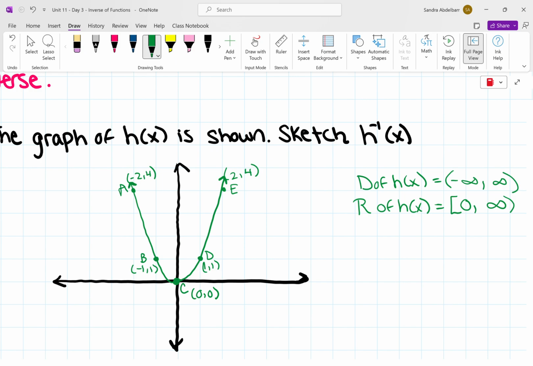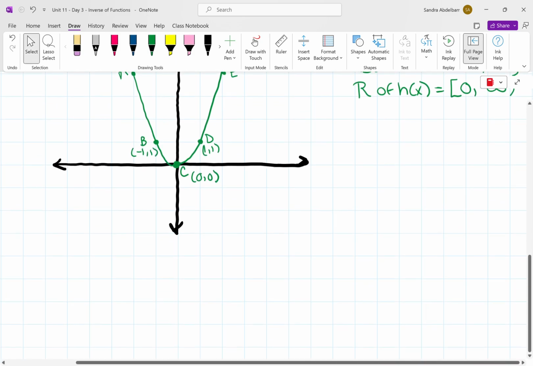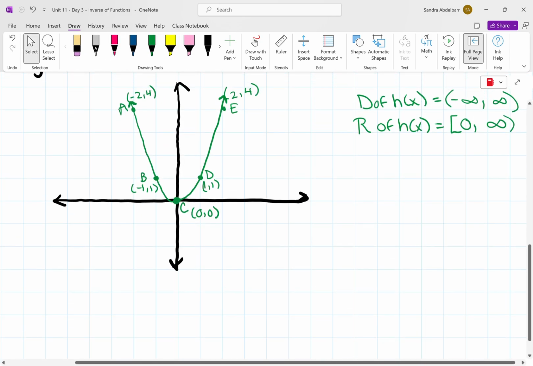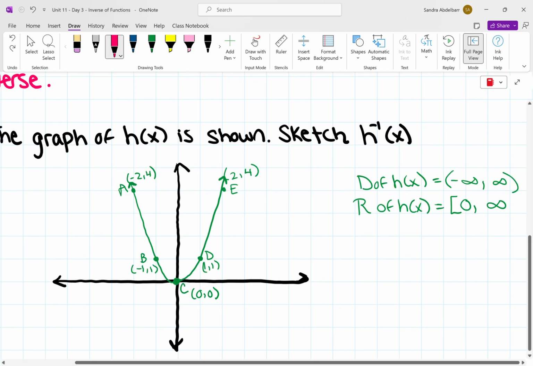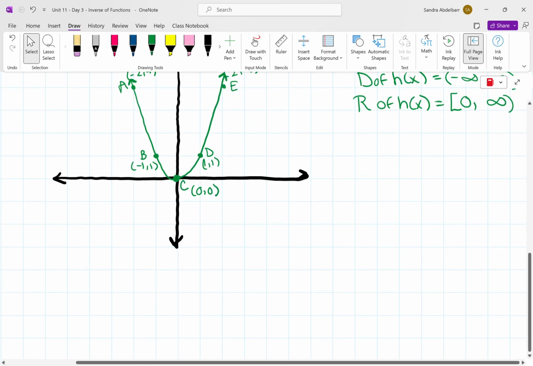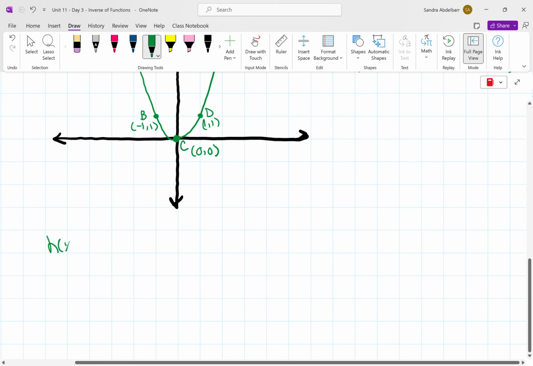All right, so now I want to find the inverse of h of x. To help me out, I'm going to list some of my h of x points.